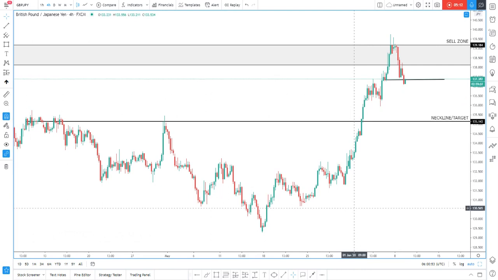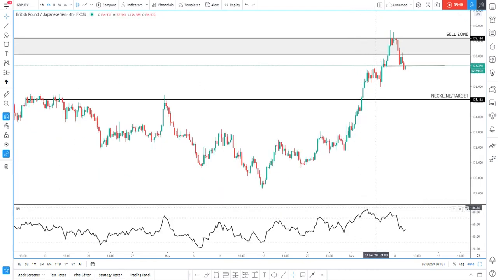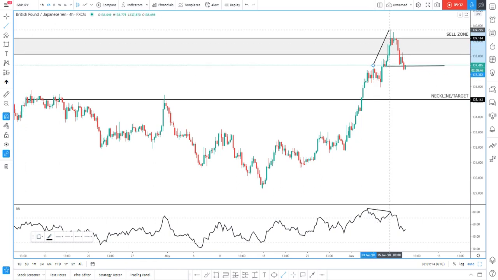So let me see if I can get a divergence, a bearish divergence to be precise. And yes, we have a bearish divergence, which is further confluence for us to look for shorts on GBP JPY. So, I won't be taking this trade at all.